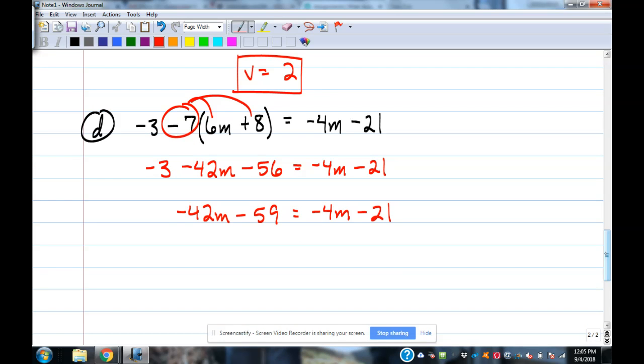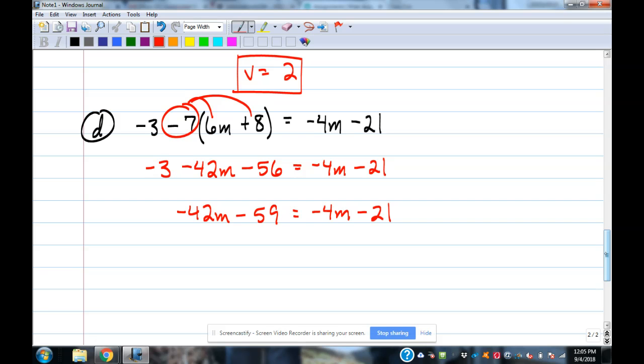Okay. So that's just combining the like terms on the left-hand side. Now we get a choice. It doesn't matter which one you move next. Okay, so if we add 21, that's not a bad move. I like it. If I add 21 over here, it's going to add to 42 or 59?